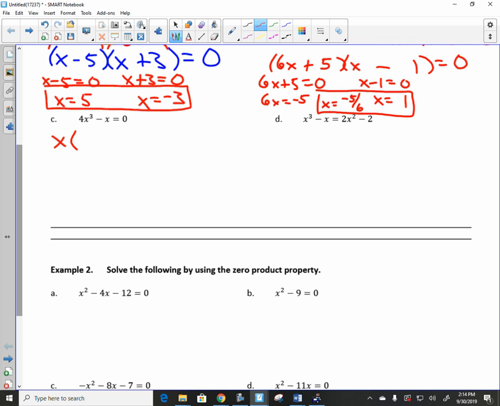If I factor out an x, what are you left with? 4x squared minus 1. Does 4x squared minus 1 factor? What do you multiply to get 4x squared? 2x times 2x. And then to get negative 1, we got a negative 1 and a positive 1.